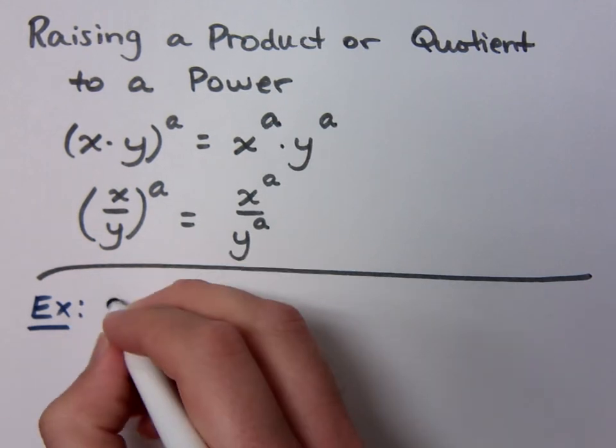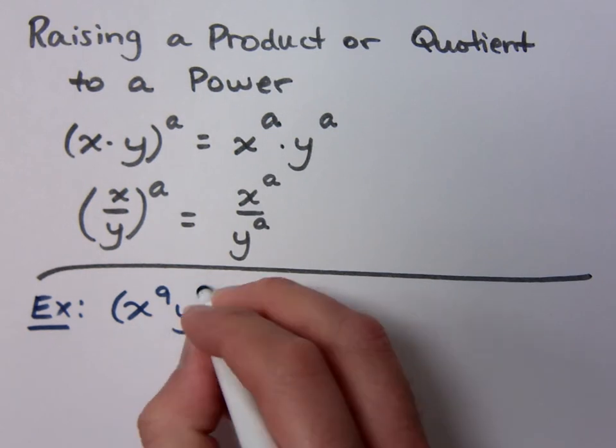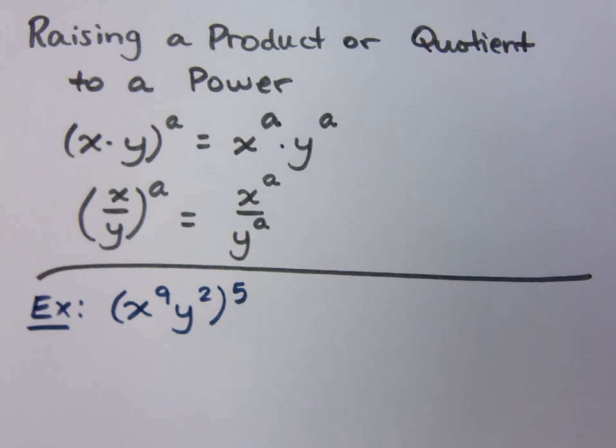So, for example, if I have x to the 9th y squared raised to the 5th, we need to understand that inside the parentheses we have two factors, x to the 9th and y squared. But the whole thing is raised to the 5th, so that means each of those factors will be raised to that 5th power.